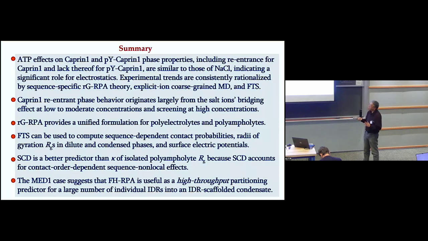And RG-RPA can provide a uniform formulation for polyelectrolytes and polyampholytes. FTS can be used to compute sequence-dependent contact probability, radius of gyration in dilute and condensate phases, and surface electric potentials. SCD is a better predictor for isolated chains than kappa because it takes care of the difference in local and non-local charge patterning for an isolated chain. But in the condensed phase, that local and non-local difference is less, so kappa can do as well in the condensed phase.